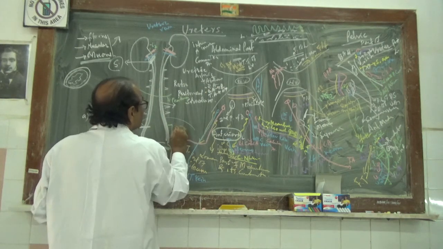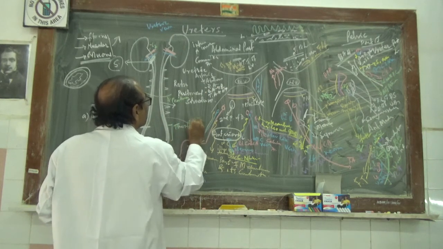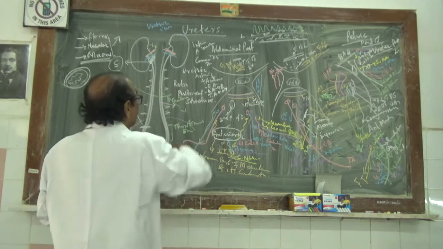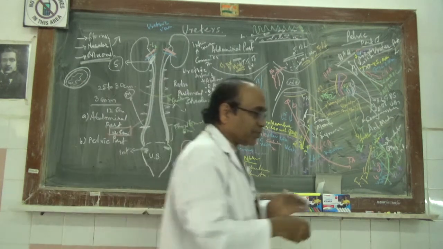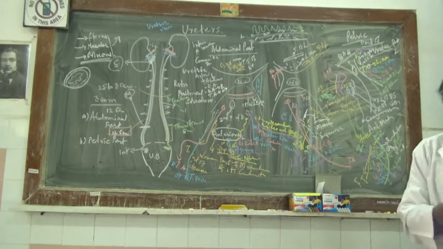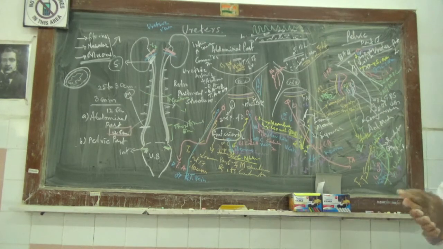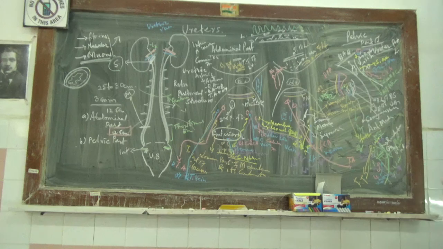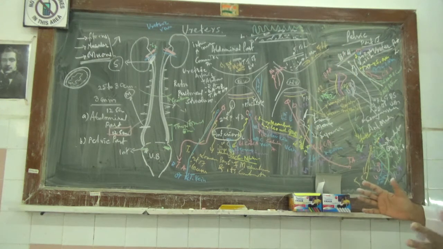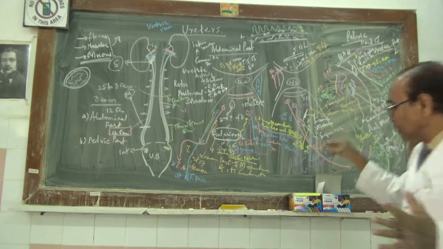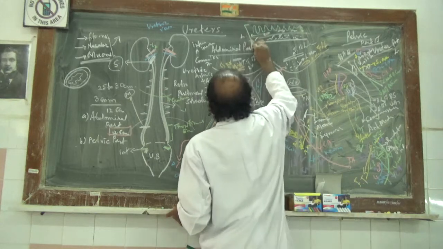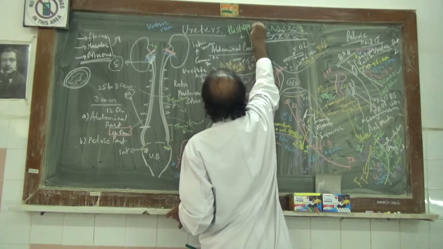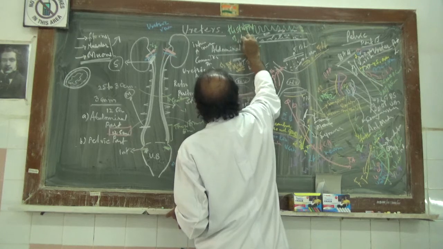But the rest has the same character as in the kidneys: columnar and polygonal cells. So this is the histology of the ureter.